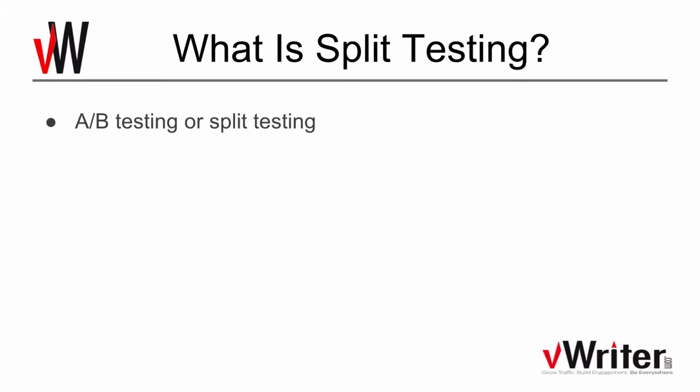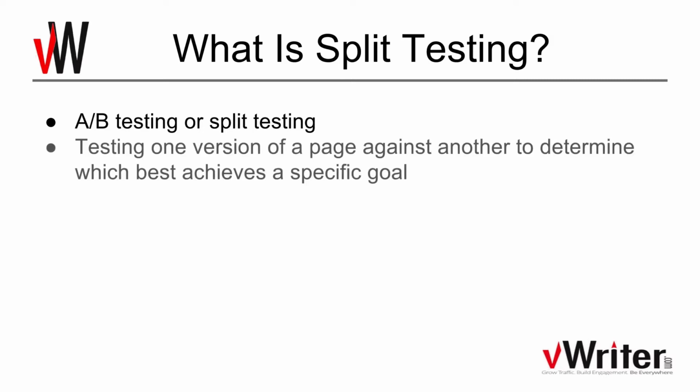So let's get into what is split testing. As I've said, you can refer to it as either A/B testing or split testing. The two terms are fairly interchangeable. It's all about testing one version of a page against another one to determine which best achieves a specific goal.